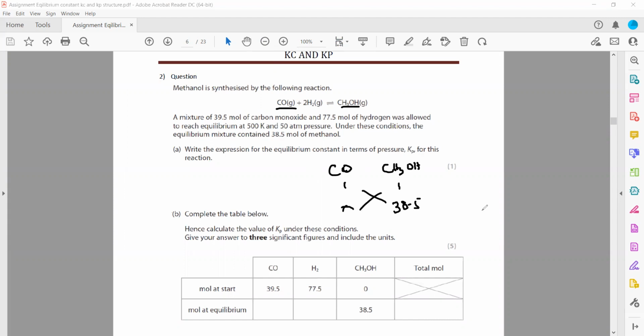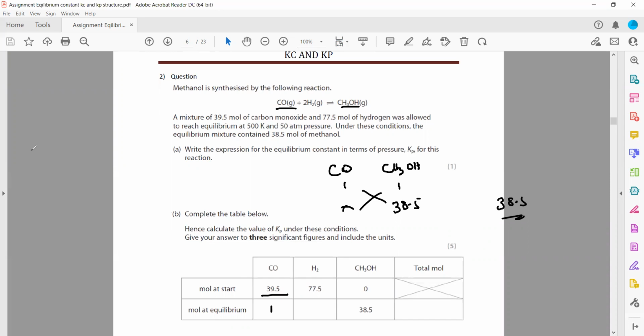So 38.5 moles of carbon monoxide will react, but we don't need how many react. We need how many moles are left at equilibrium. Originally it is 39.5 and 38.5 reacted. So how many left? Left is 1, because we need the moles at equilibrium, which are the ones left.